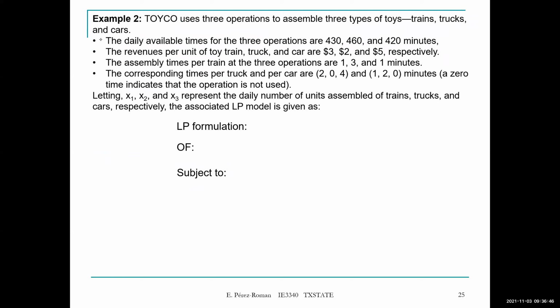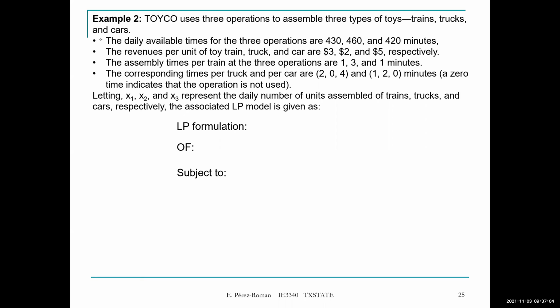And we're going to use this example. This is one example that we have considered before. I think I extended this example a little bit. So now we're going to have 3 types of toys: trains, trucks, and cars.